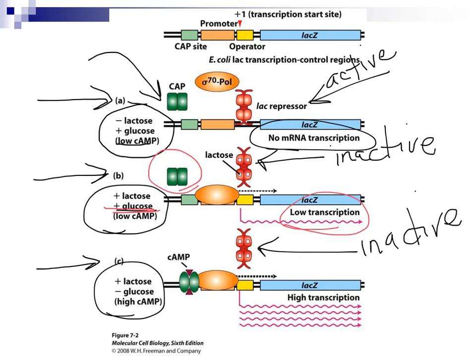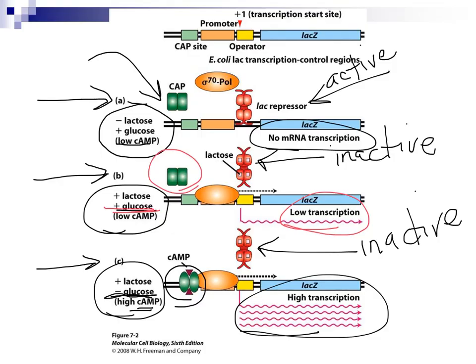But now, because the glucose levels are low, we have high cyclic AMP that activates the activator, which is called CAP. So we activate an activator. And now we get high transcription. This is the only case in which a significant amount of transcription would occur for the lac operon.